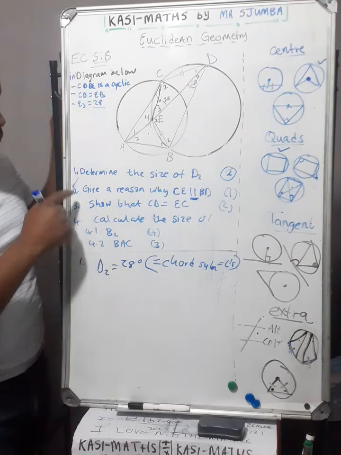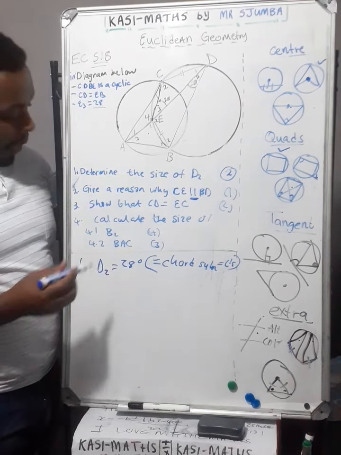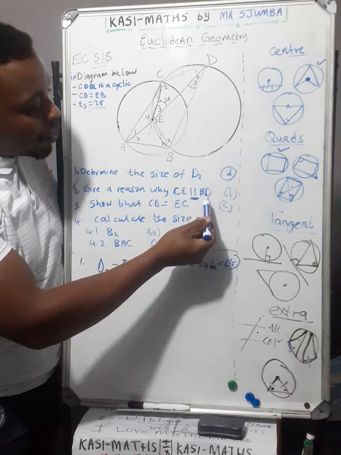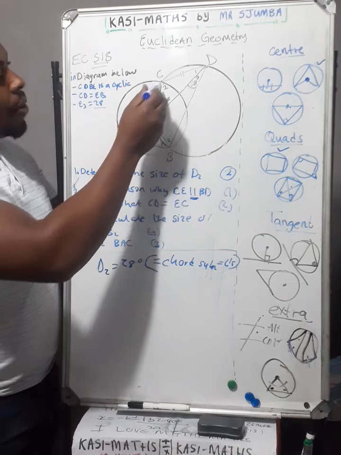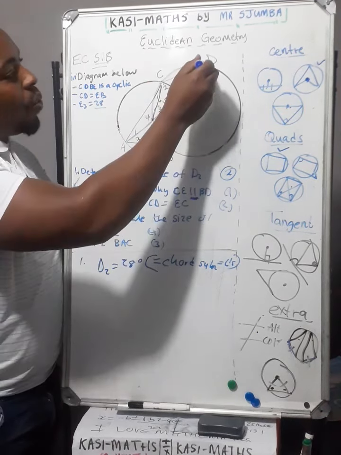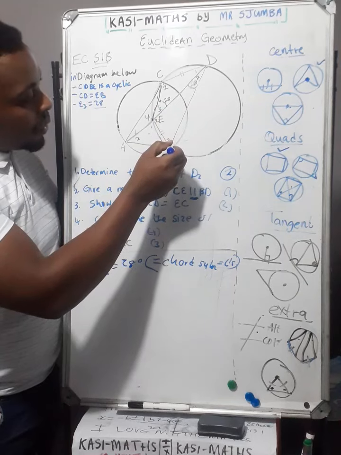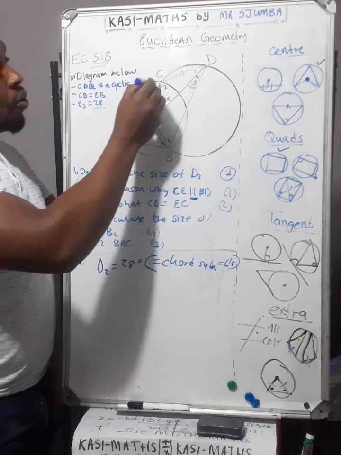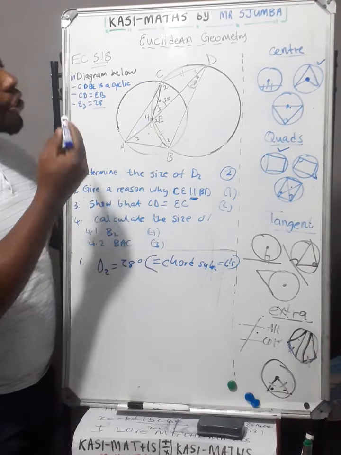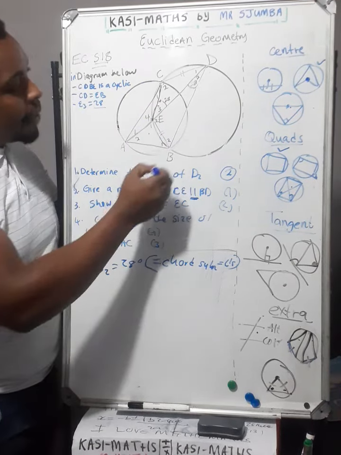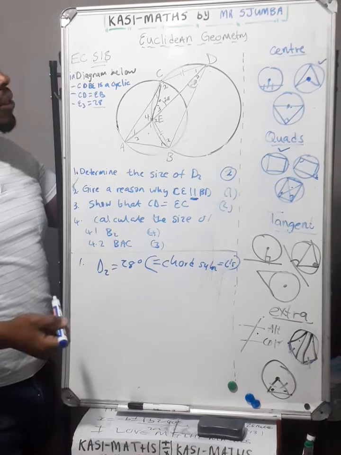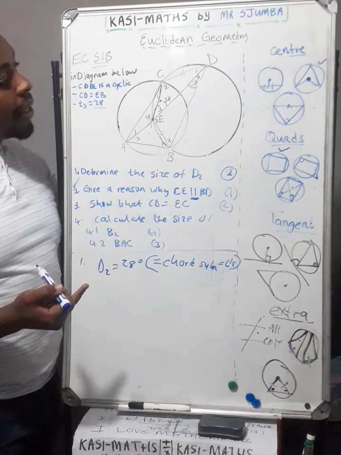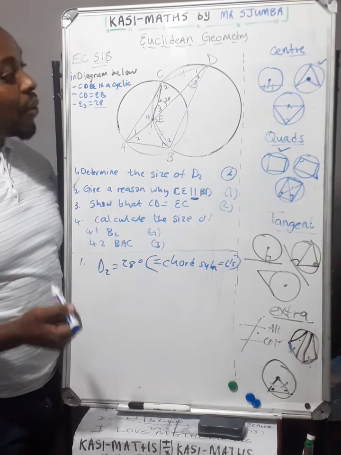Right, so let's move on to question number 2. Give a reason why CE is parallel to BD. Here is CE, but why is it parallel to DB? If we say CE is parallel to DB, what would we find? We would find corresponding angles which are equal, and we would also find alternating angles which are equal.